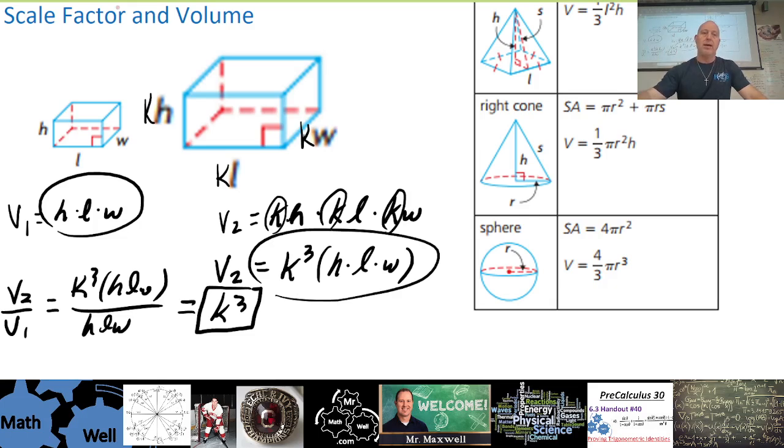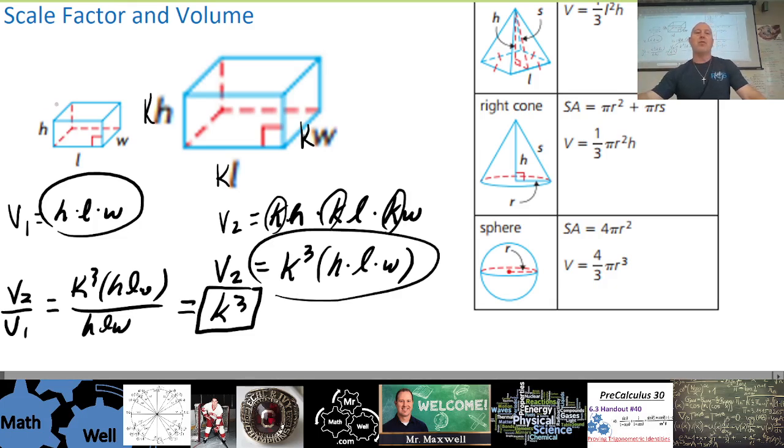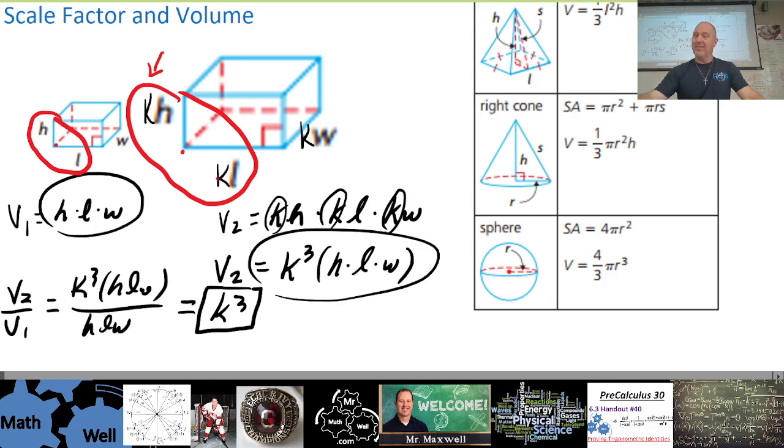And that's totally okay. But once again, if we're talking about the relationship between one dimension and another dimension in a similar figure, then it's related by k to the power of 1. You see that? If we're talking about an area, we're multiplying h times l, so we're multiplying kh times kl. That's related by k squared.